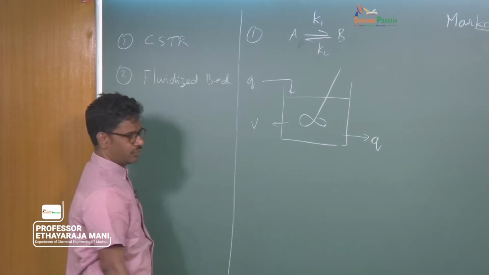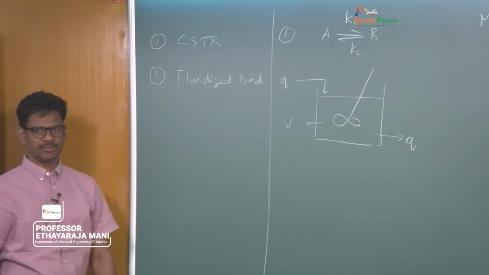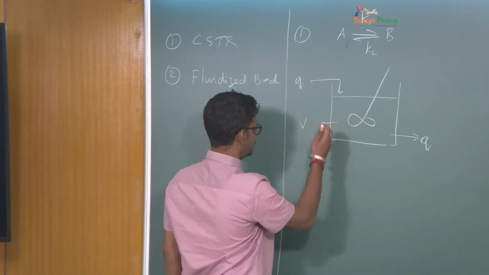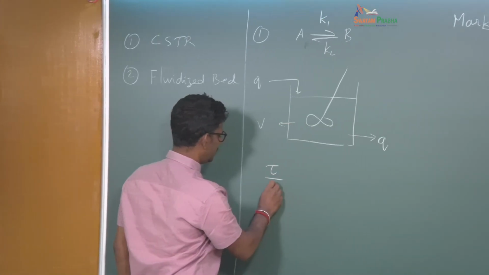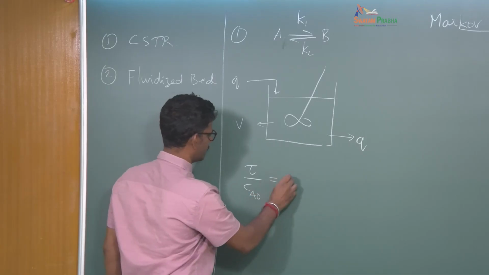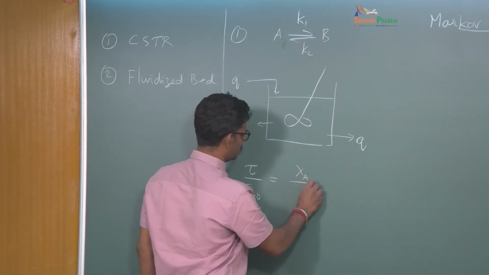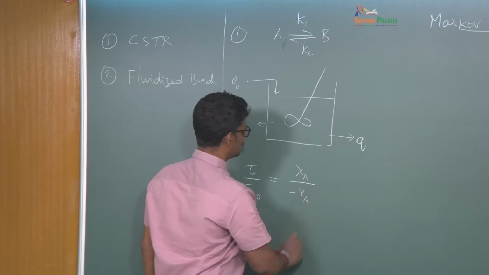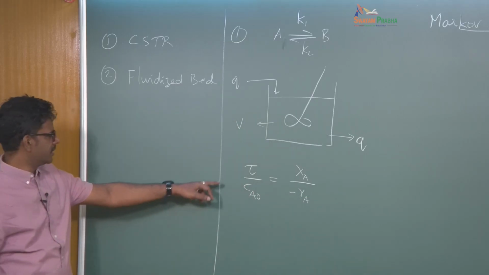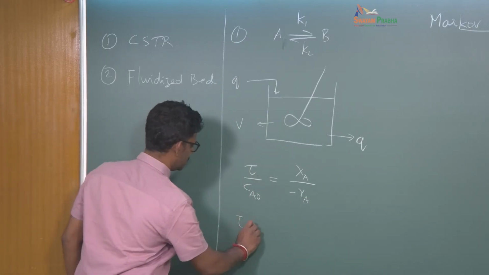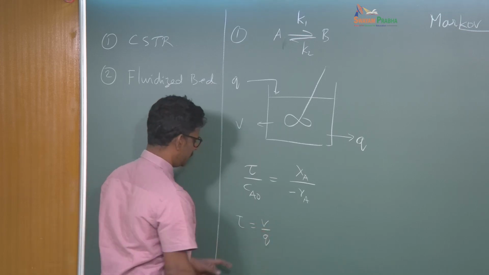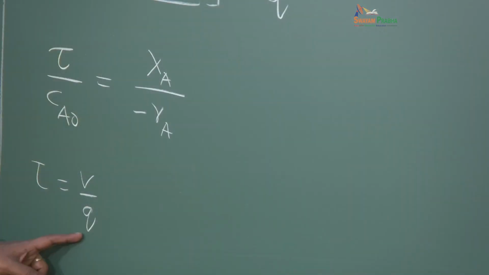Our traditional CRE reactor approach is to write a design equation at a steady state, something like this, where tau is V by Q, volume of the reactor divided by the volumetric flow rate.